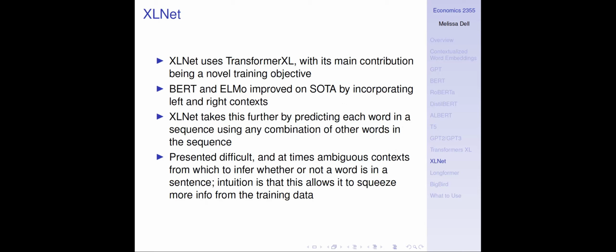XLNet takes this further by predicting each word in a sequence using any combination of other words in that sequence. This presents it with difficult and at times ambiguous contexts from which to infer whether or not a word is in a sentence. Essentially, the intuition is that it allows the model to squeeze more information from the training data.